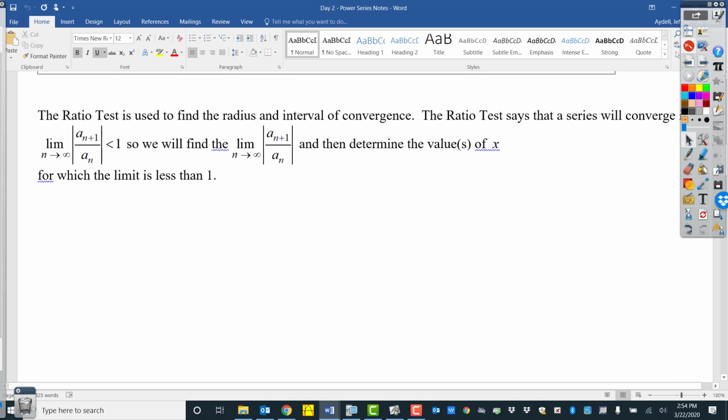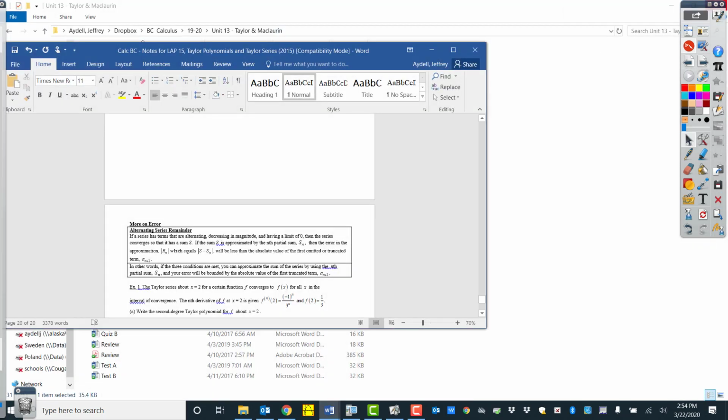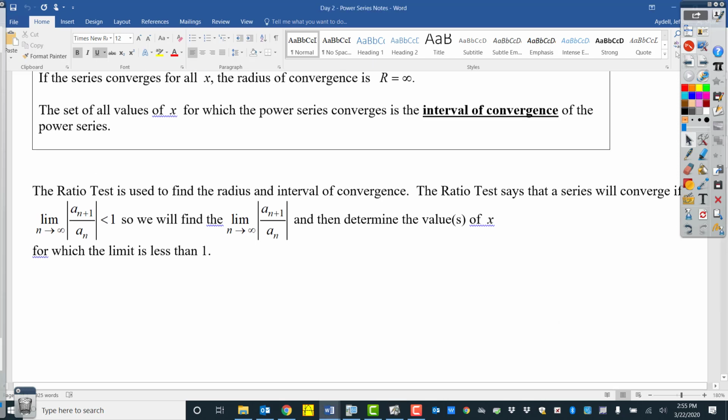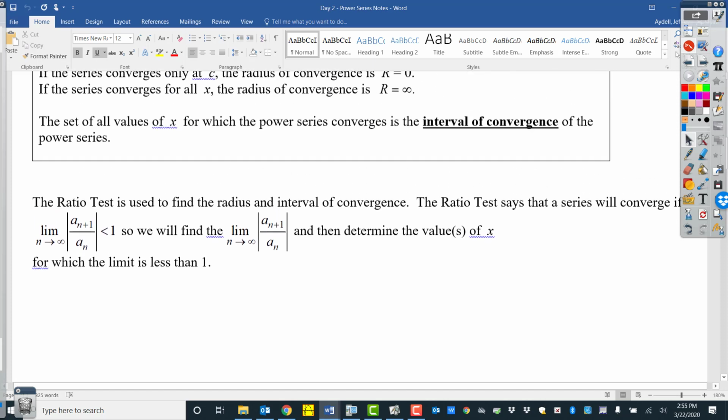We usually use the ratio test to find the interval of convergence. And we've already talked about the ratio test last unit. Hopefully, it would have been the week before spring break. Hopefully y'all remember what that is.